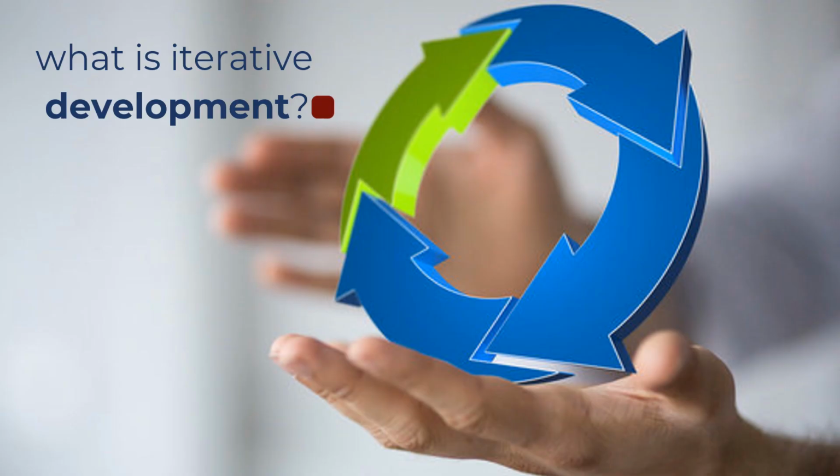Iterative development is like taking small steps one at a time to improve a product. Imagine you're building a puzzle. Instead of trying to fit all the pieces at once, you start with a small section, get it right, and then add more pieces step by step.